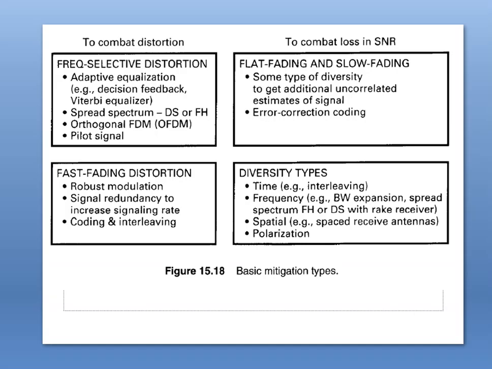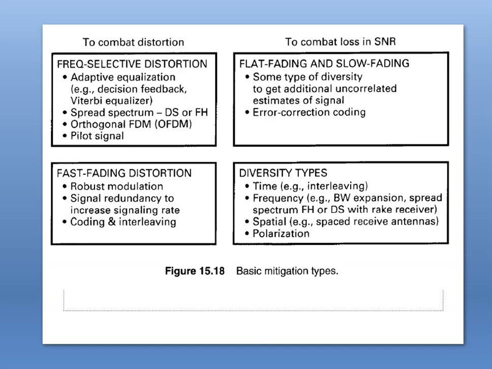These are methods to avoid frequency selective distortion. And coming to the fast fading distortion. Why? Because fading is nothing but a distortion. In order to avoid fast fading distortion, we are supposed to use robust modulation type, signaling redundancy to increase the signaling rate, and third one, coding and interleaving. Coding and interleaving is one of the important topics in information theory.